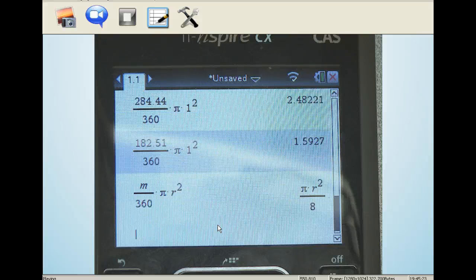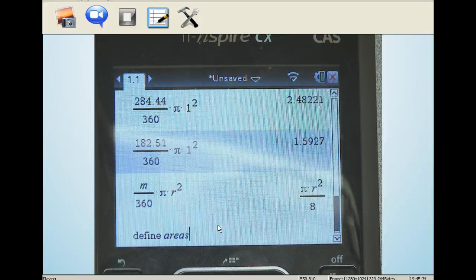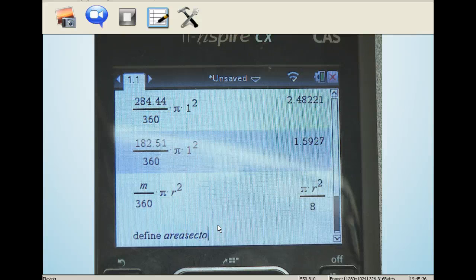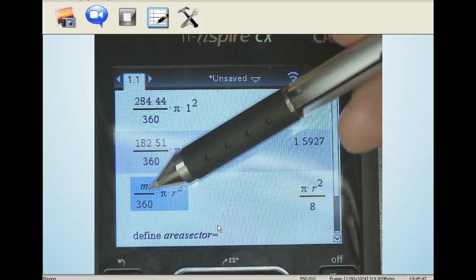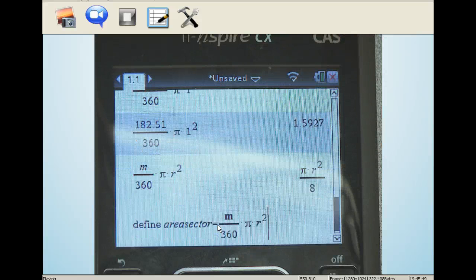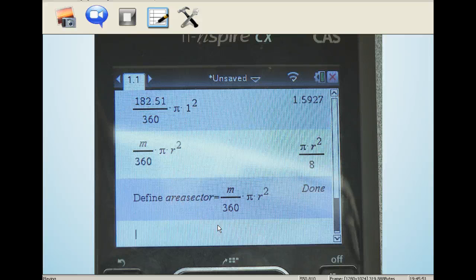Okay, we will define this formula as the area, let's go area sector. Okay, it's equal to this little formula there. Now, what did it do? It reduced it, but that's because I had defined m. I don't want it to remember that. We're going to define m different ways.